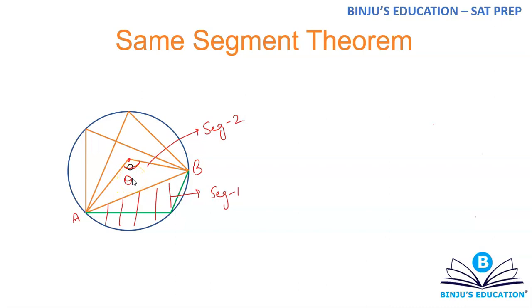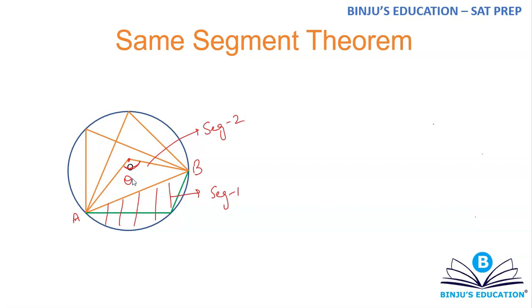Then this same chord will make an angle of theta by 2 in the same segment of the circle, provided that the third point lies on the perimeter of the circle. So what do I mean by all this? AB is a chord, AB is making an angle theta at the center of the circle. Now we can also say that the center of the circle lies in segment 2.